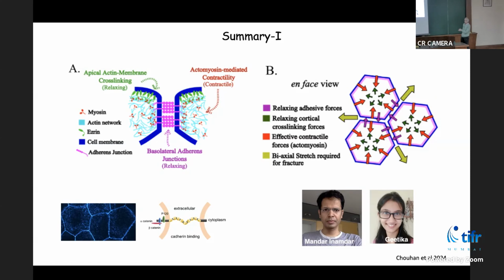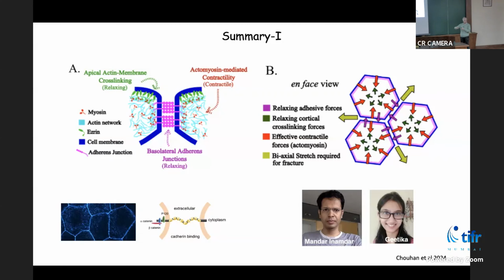I also told you about this actomyosin contractile apparatus, which is present at the cortex. The tendency of this contractile apparatus is to constrict inwards, right? That's what it does. And when that happens, of course, cells are going to go inwards. But what the adhesion does is it counterbalances this contractile force.